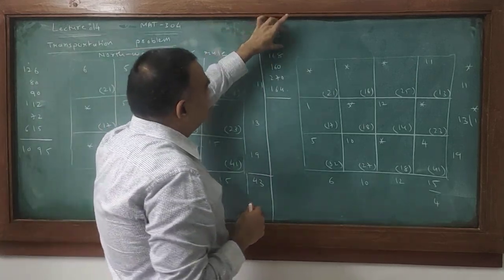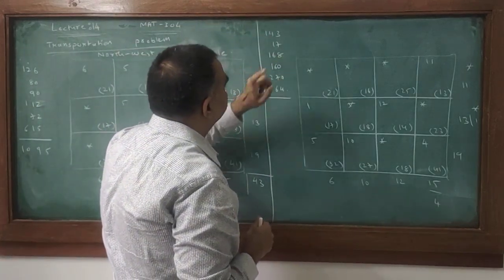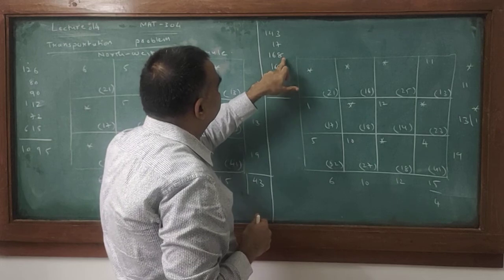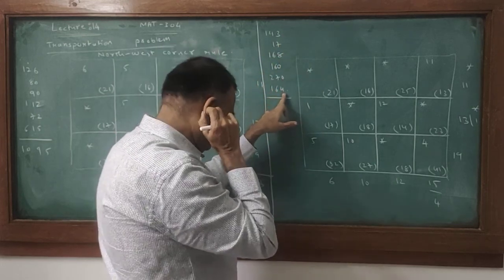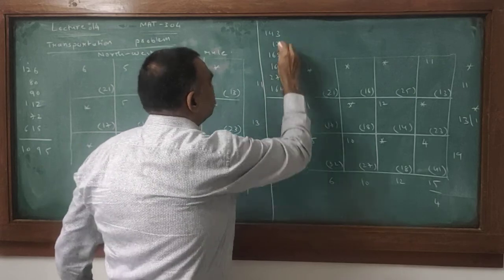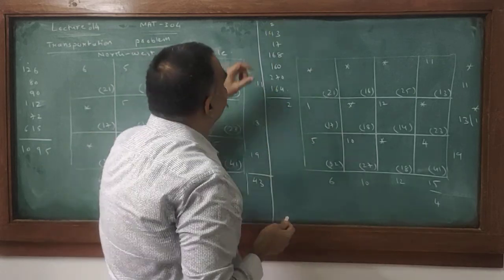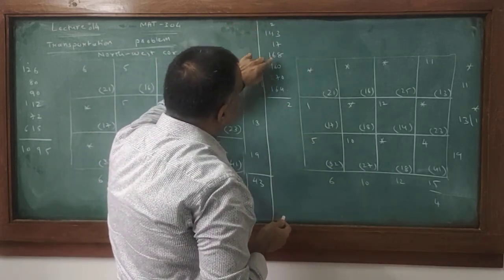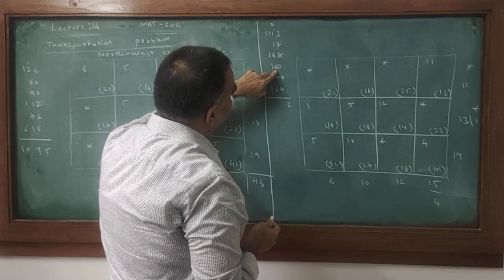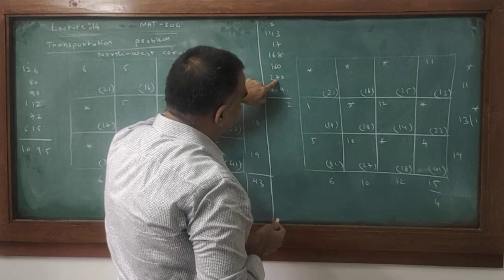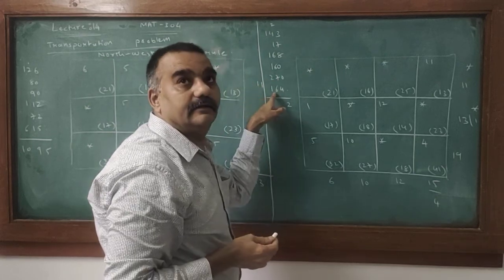So the answer is 10, 8, 11, 18 and 4, 22.